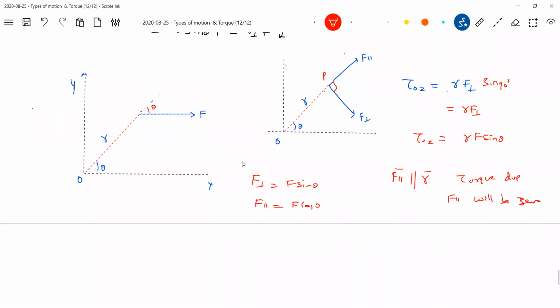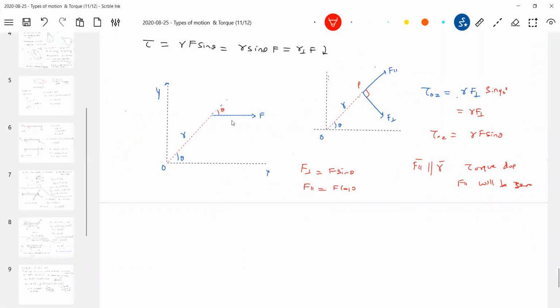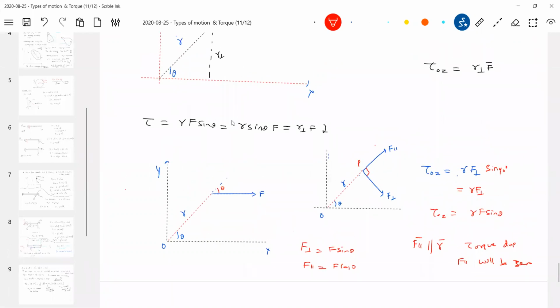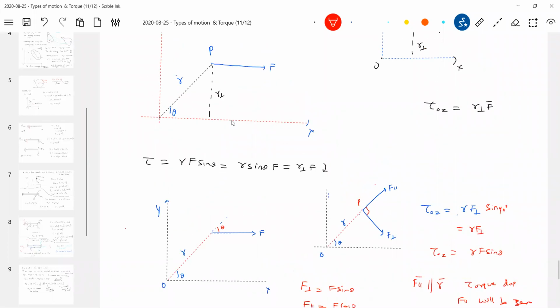I got this, you see, R F sine theta. You look at the other thing we did. Come here. What is R perpendicular? RF sine theta. Both are the same, no? Look at this particular thing. RF sine theta, 90 degrees, or R perpendicular F.